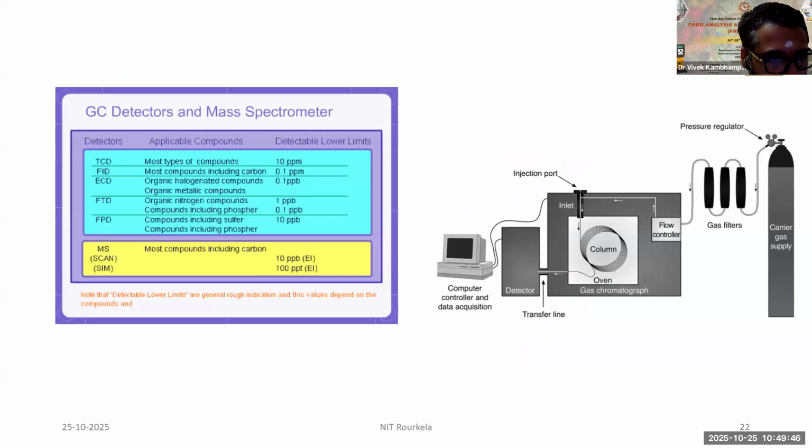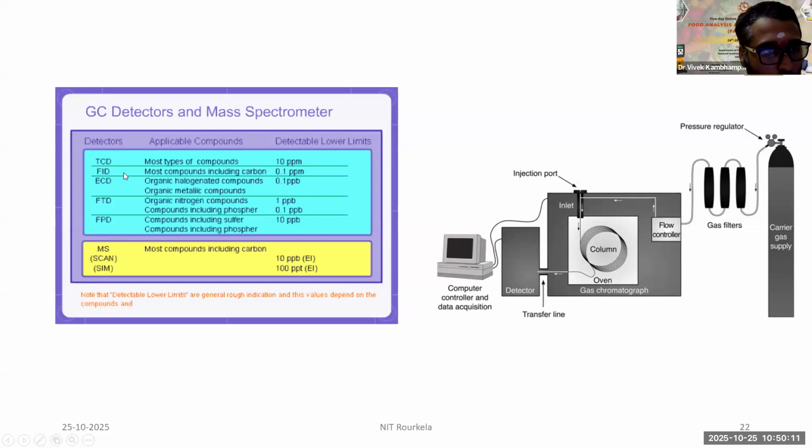See here you have these detectors. PDA detector is commonly used, photodiode array in case of these chromatographic principles. TCD detector, it is used for almost most of the compounds, most of the organic compounds. Detectable lower limits will be 10 ppm. Based on the detectable lower limits also, you need to use the detectors.